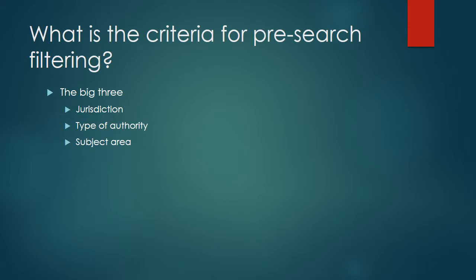And your civil litigation textbook can help you with some jurisdiction issues if you need to use the jurisdiction focus for your criteria. And your contracts book or your torts book can help you with subject area. So it's a good idea to save those whenever you can.